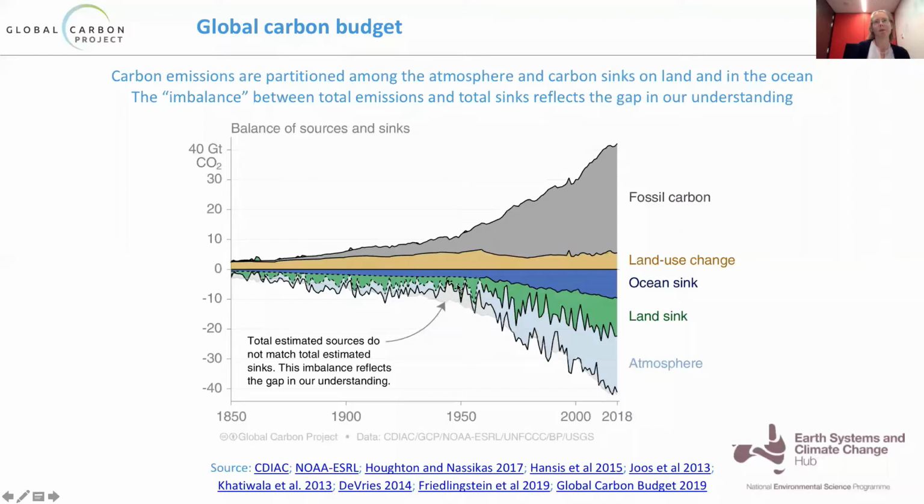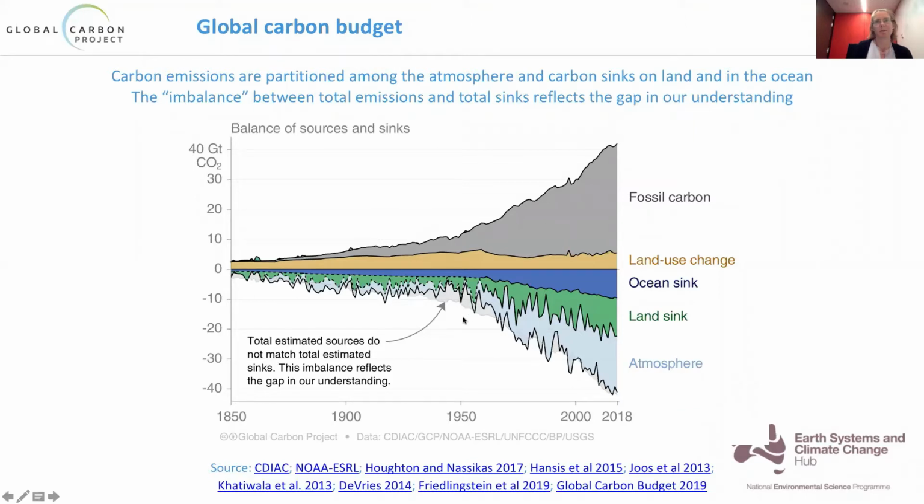I want to point out here that the sinks in green are now estimated using an ensemble of land carbon terrestrial biosphere models. That's known as the TRENDY ensemble. There's about 16 models, and I'm going to be talking in a bit more detail about one of those models in particular.